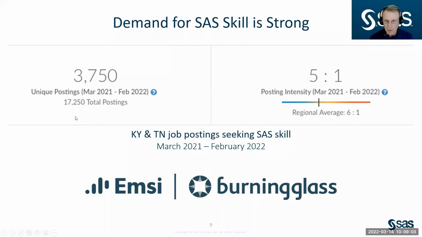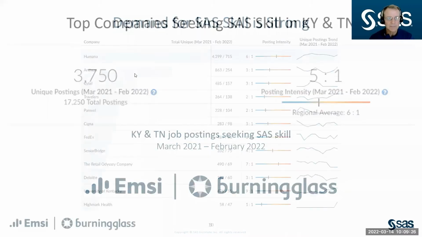Employers will post on multiple sites, so IMSI does a great job at filtering those out and saying, there were 17,000 total job postings, but a lot of these were for the same job. So in the Kentucky, Tennessee area, there are around 3,700 job postings that listed SAS as a skill.